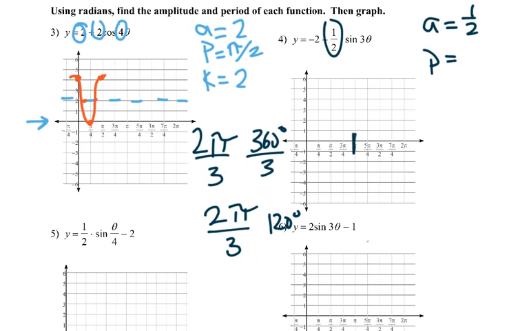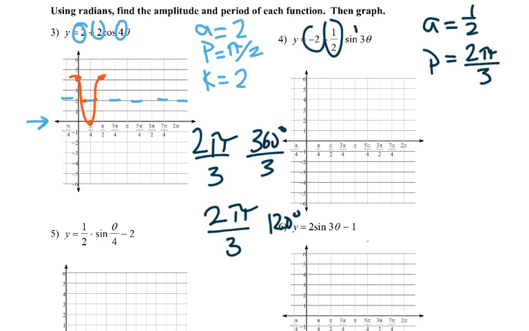So this is 180, and this is 90, and this is 135. So it's going to be a little bit between right here, for my period. So 2 pi thirds.